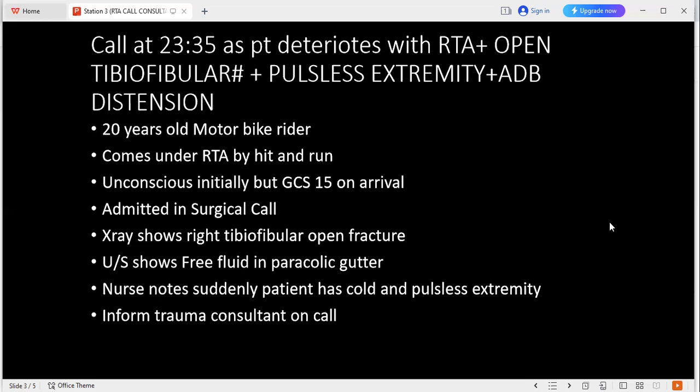What else would you do before sending the patient to the operation theater? I will give the patient IV fluid and adequate analgesia. And for the wound, I will cover the wound with saline soaked gauze. Anything for the fracture?